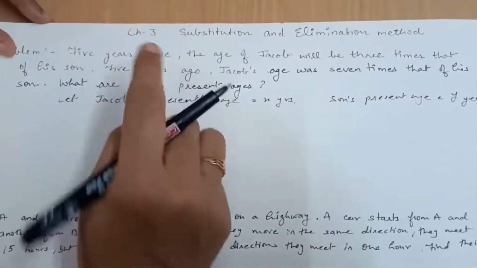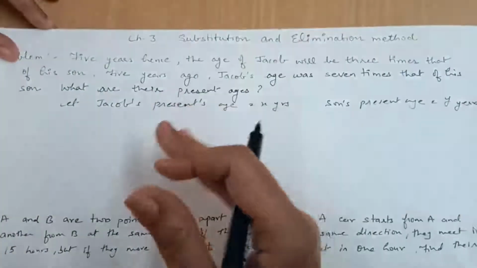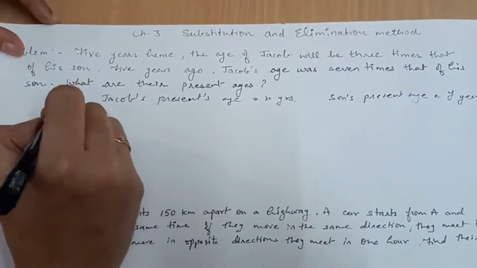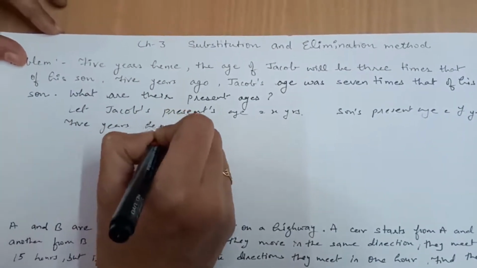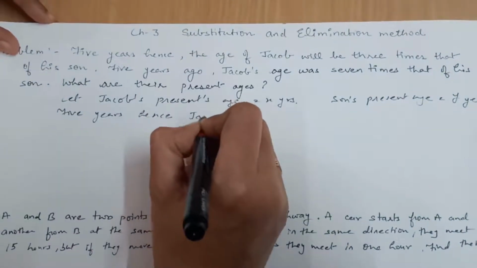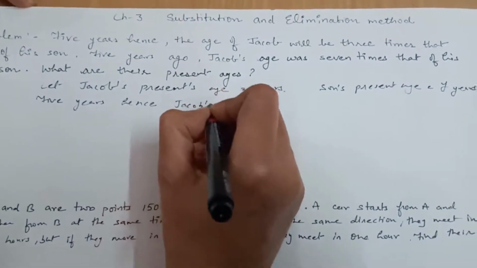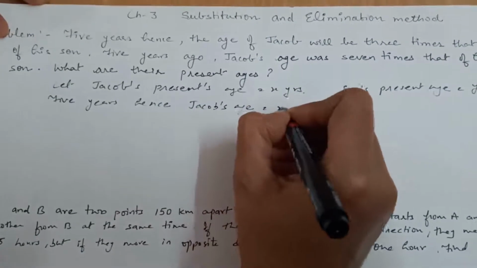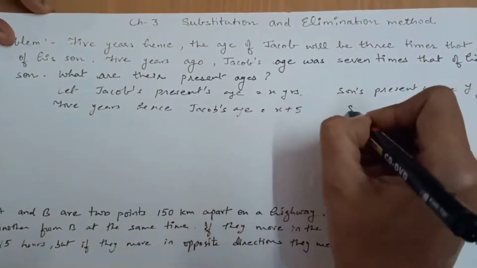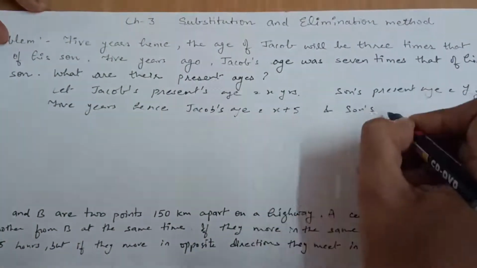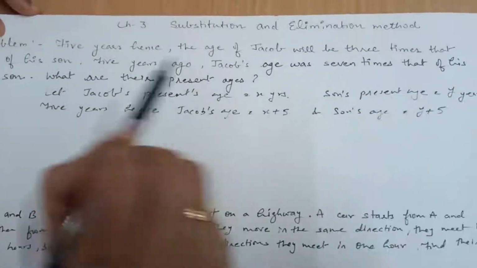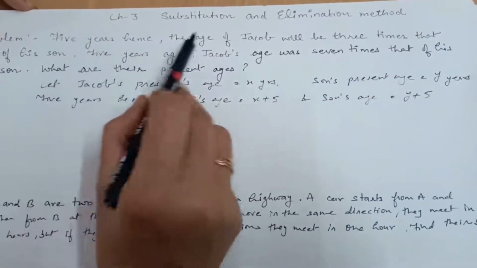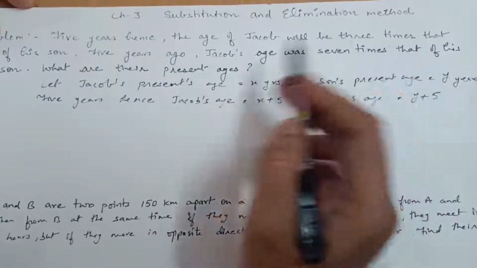Now 5 years hence, meaning 5 years ahead, Jacob's age will be x plus 5, and the son's age will be y plus 5, as 5 years will be added. 5 years hence the age of Jacob will be 3 times that of his son.